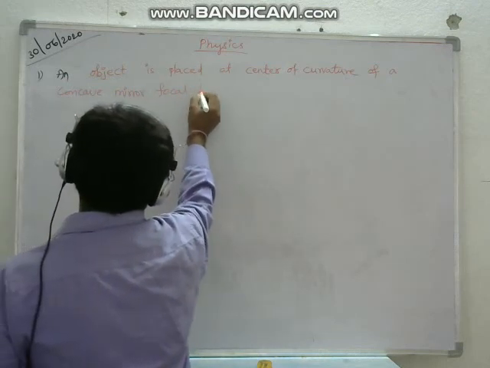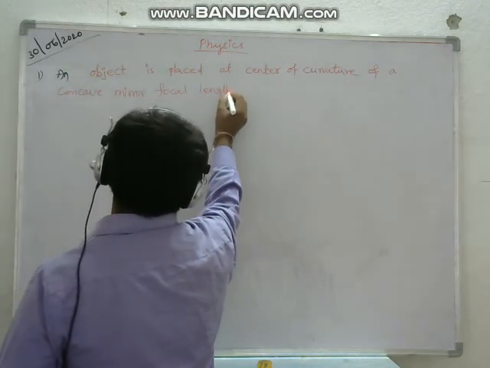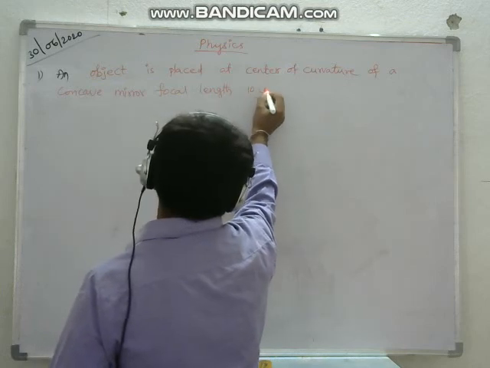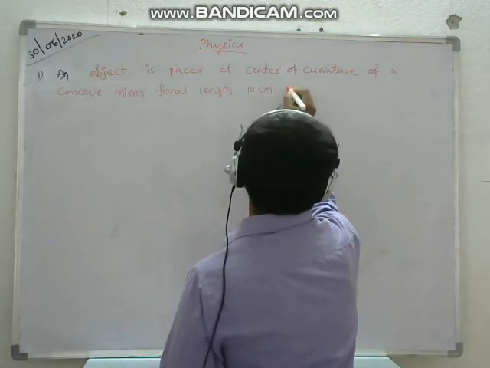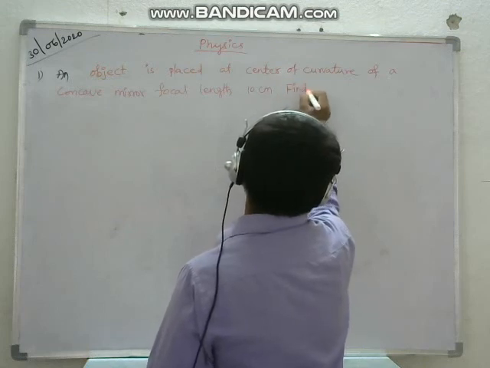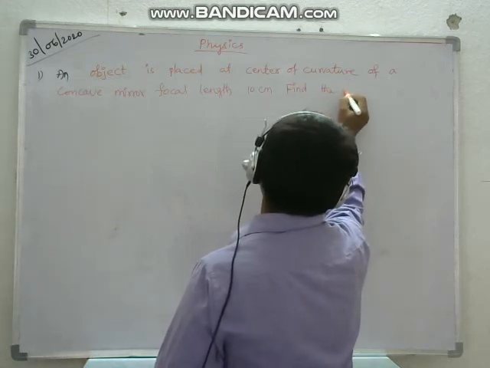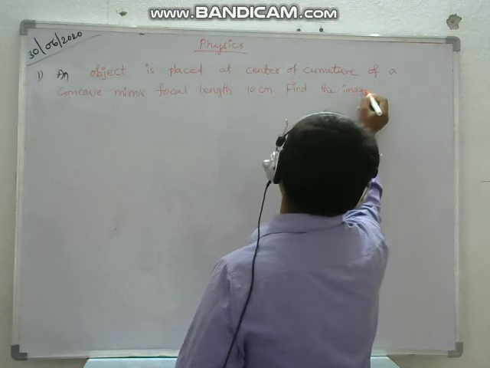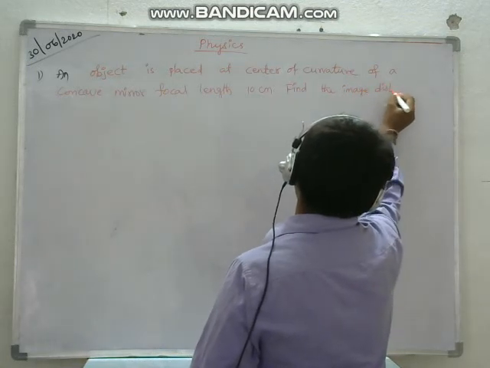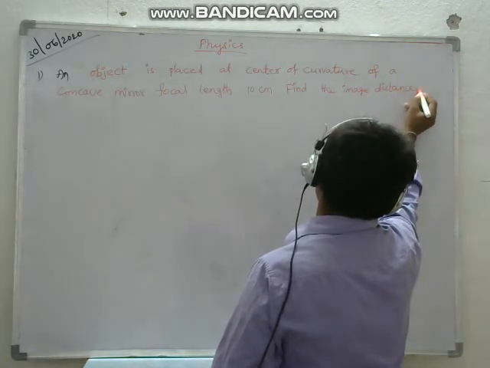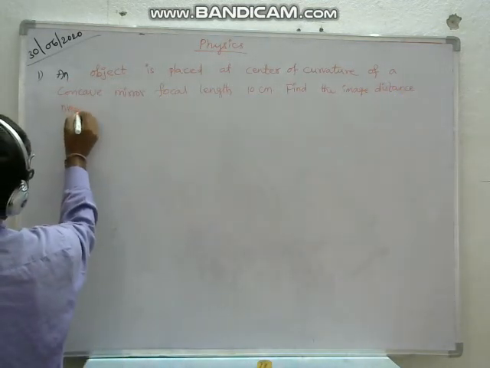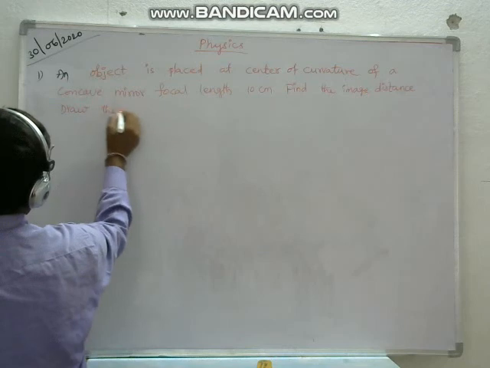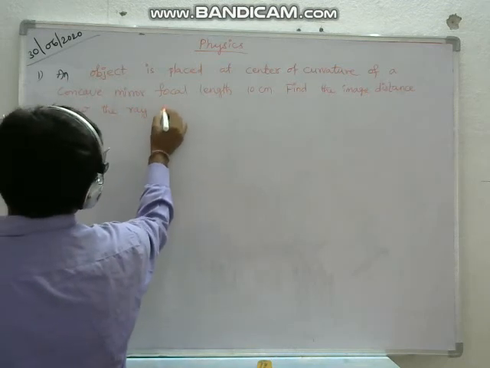Focal length 10 centimeter. Find the image distance and draw the ray diagram.